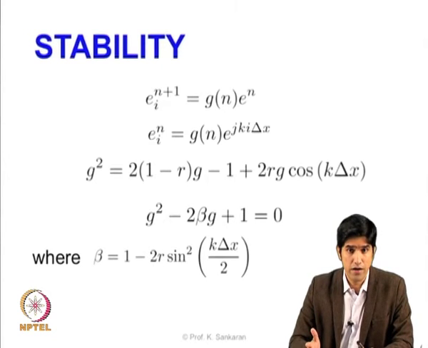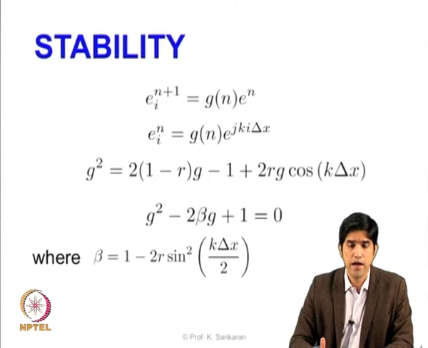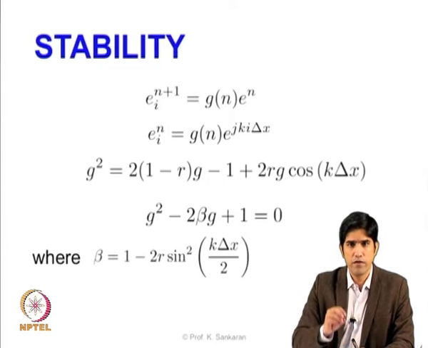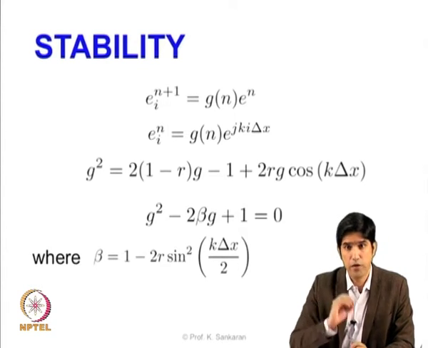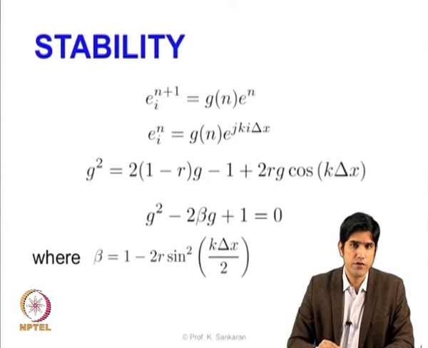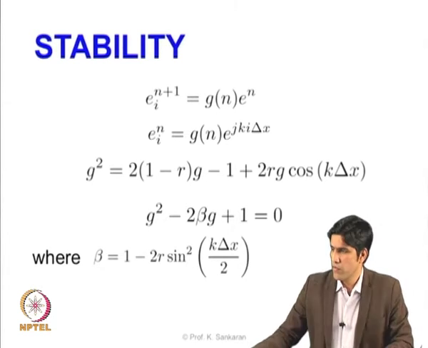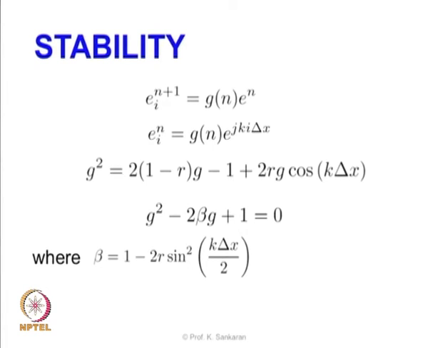What you are interested in is knowing whether this error is contained or is going to grow, and for that you can compute the value of g, which is the amplification factor for the particular numerical method you are using.